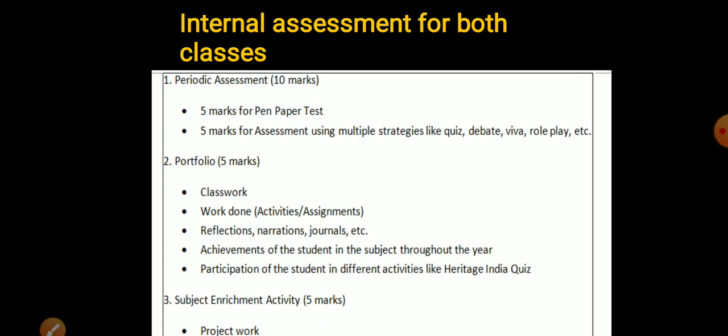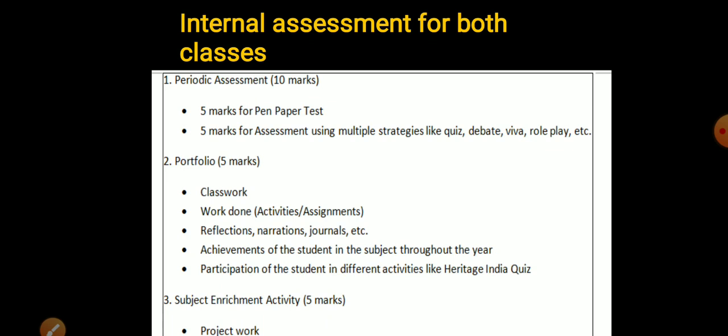Okay, so your class work and your portfolio file, for both of these together there are 5 marks. Understood? Then the remaining 5 marks, meaning till now 15 marks. I have told you how the bifurcation is for your internal 20 marks, and the remaining 5 marks are for the subject enrichment activity, which is your project work.